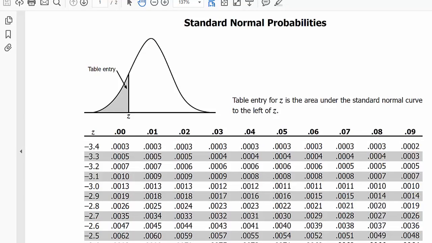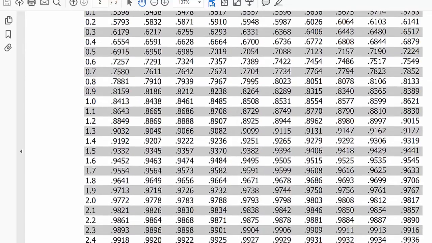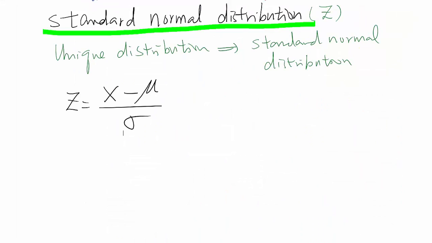So if you look at this z-table, it has a negative number side and also a positive number side here. Why is that? The reason is whenever you convert normal distribution data to standard normal distribution, we set mu equal to 0.